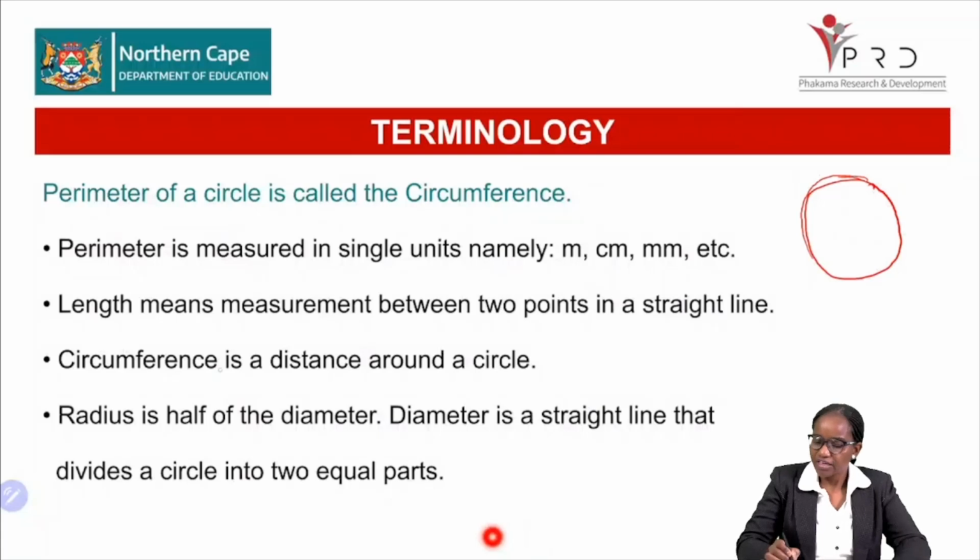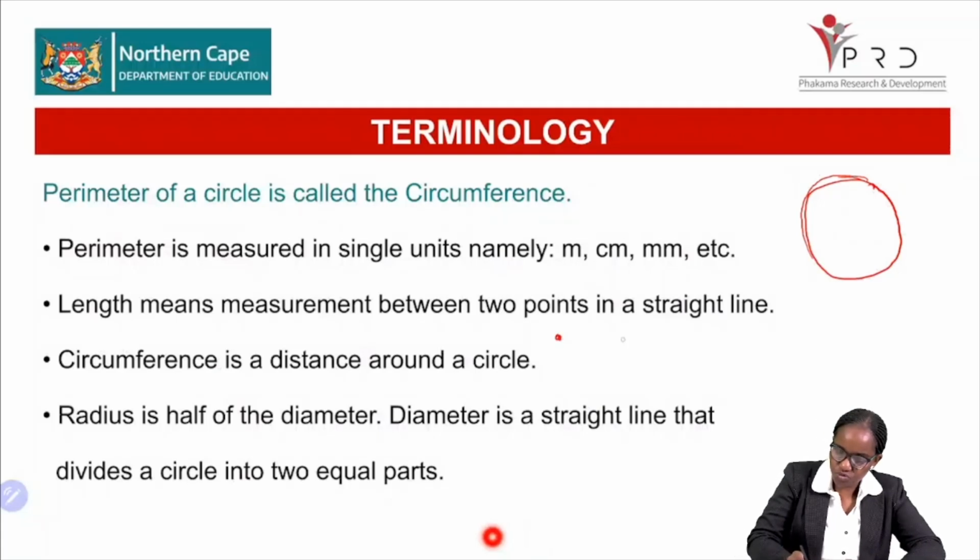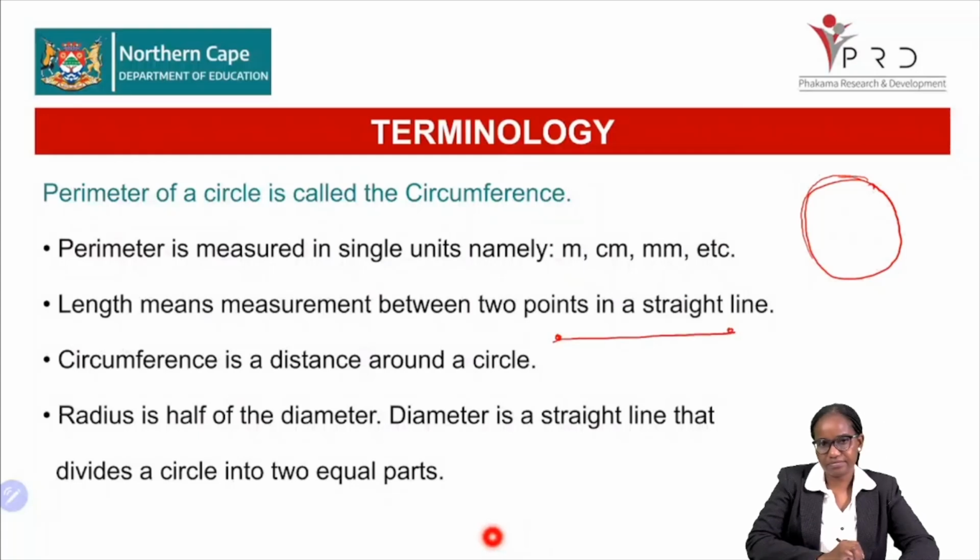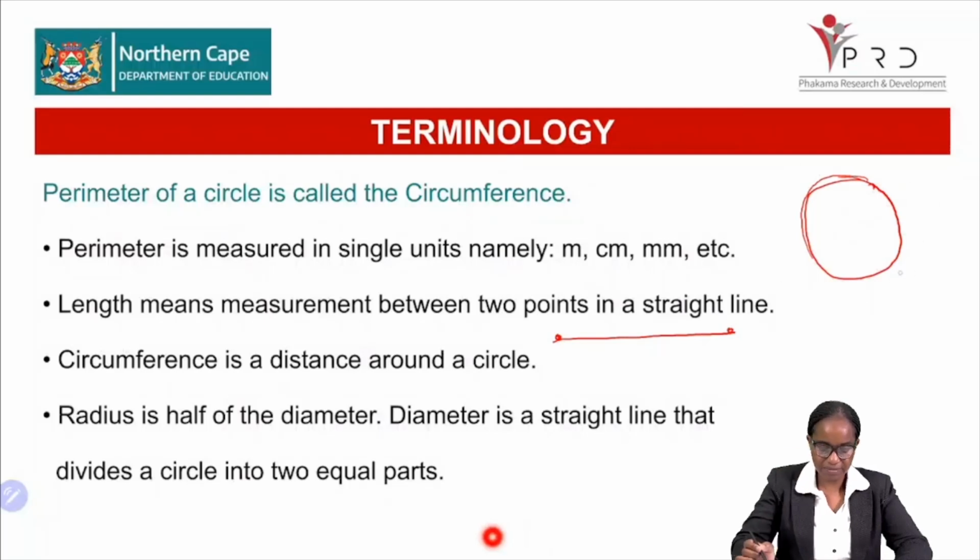So length is always between 2 points on a straight line. If it's not straight, then it's not length. It becomes distance. Circumference is the distance around a circle, just like what I was saying. Now, because this is not straight, it becomes a distance.